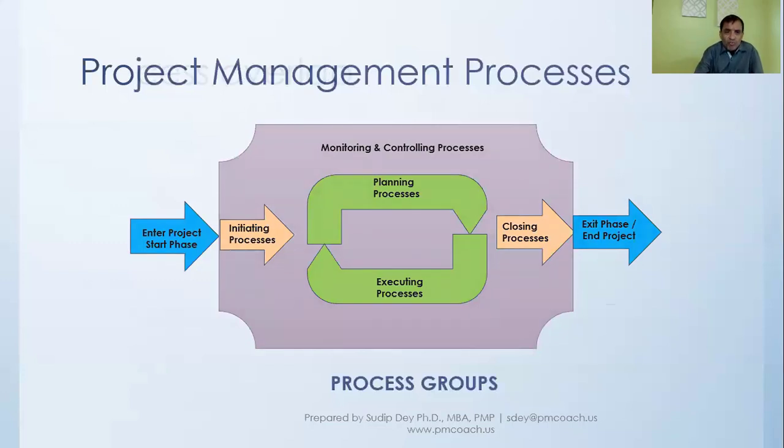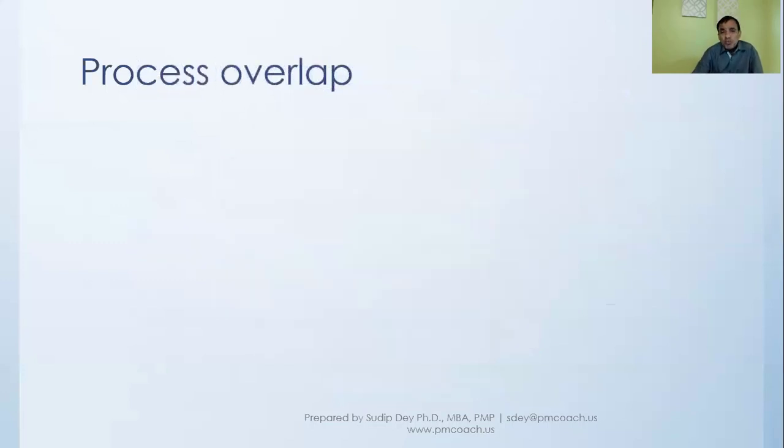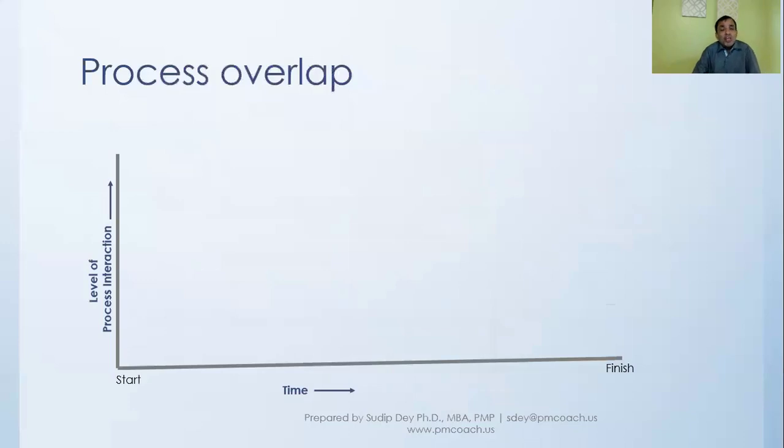Another way to look at this process overlap is to see it from the lens of interaction. How much interaction is taking place at what point of time in each of these process groups. So let's look at this. The x-axis provides us the timeline, and the y-axis provides us the level of process interaction.